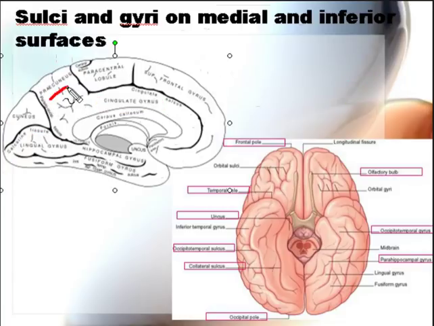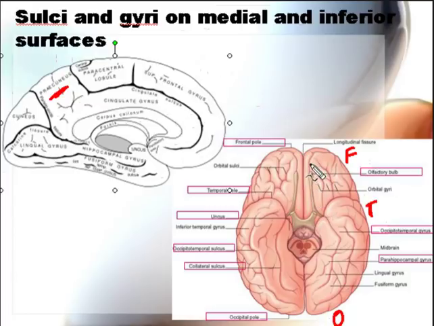On the inferior aspect, here you can see part of the frontal lobe. This area here is part of the temporal lobe, and this is part of the occipital lobe. Up here on the frontal lobe you will see a sulcus on which the olfactory bulb is lying.